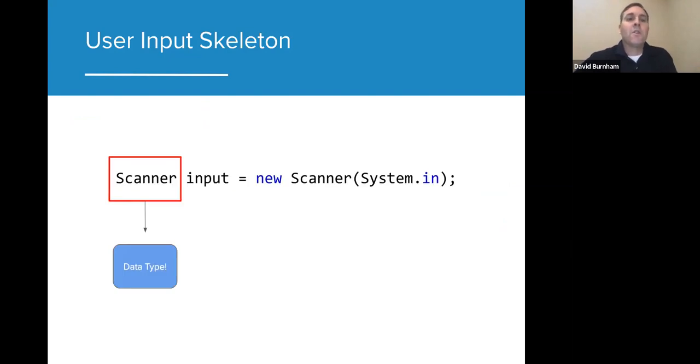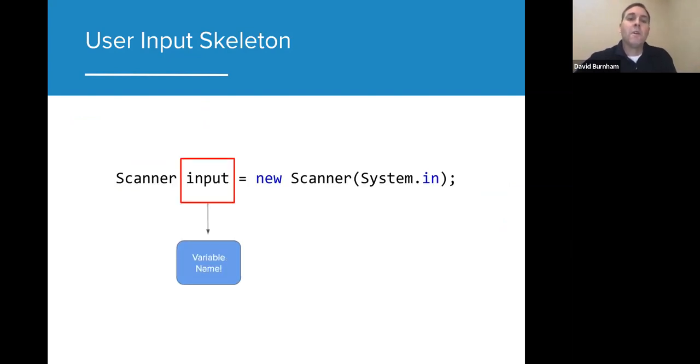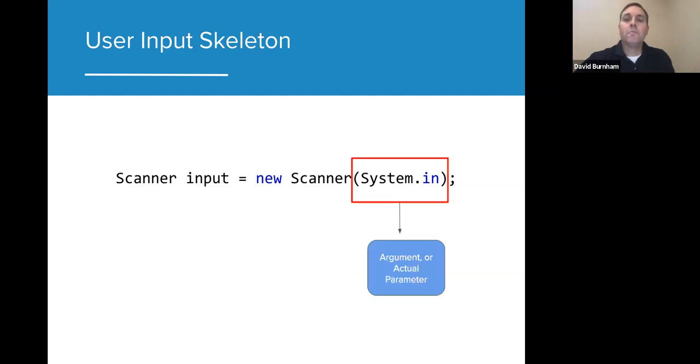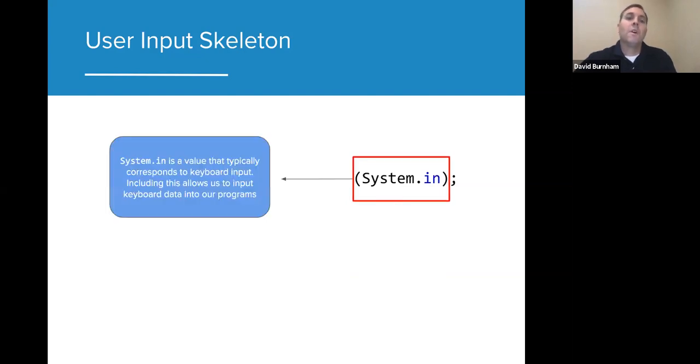So again, Scanner is the data type, input is the variable name, and then new Scanner is how we actually instantiate or create our Scanner object. And then System.in is the argument or the actual parameter that we're using. So System.in is a value that typically corresponds to keyboard input. And including this allows us to input data from the keyboard.